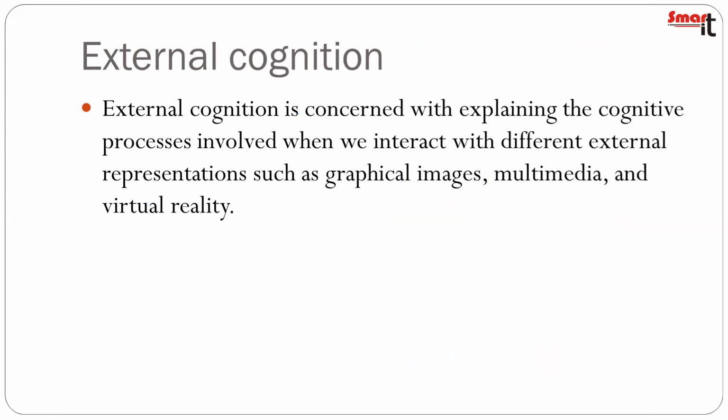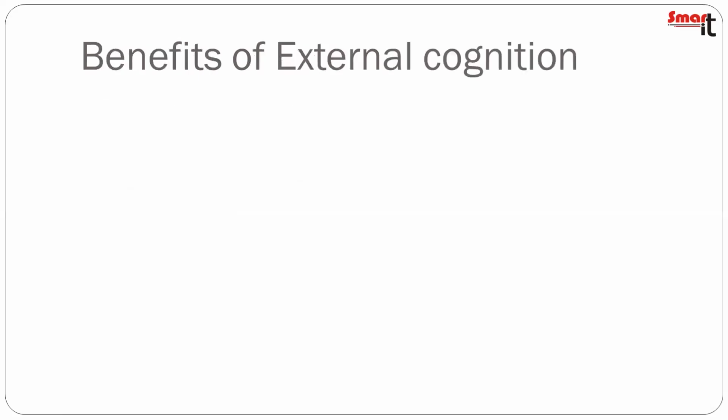And external cognition is concerned with explaining the cognitive processes involved when we interact with different external representations, such as graphical images, multimedia, and virtual reality. How we behave with virtual reality, how we behave with multimedia, how users behave with graphical images.